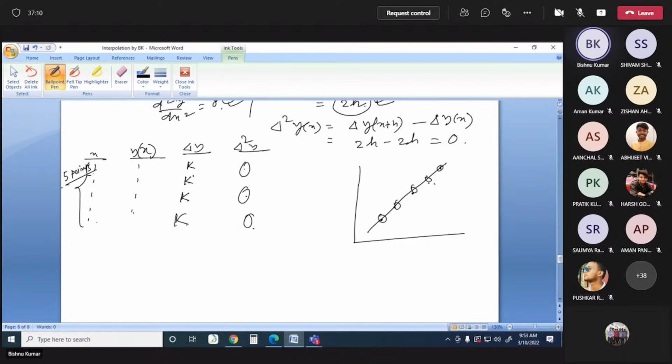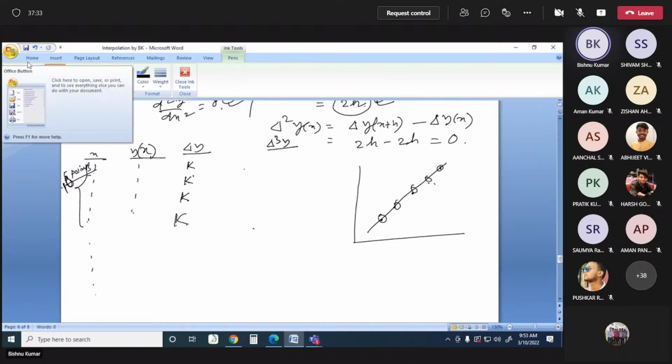अब देखो, हम बोल रहे हैं 10 points हैं, 10 points. So with the help of 10 points, I know the logic, we can approximate a maximum 9th degree polynomial. But what I am actually getting is the third difference constant.